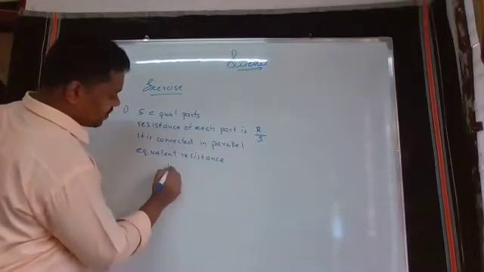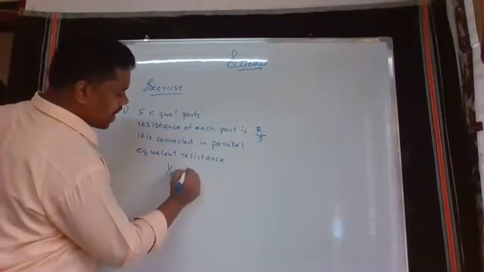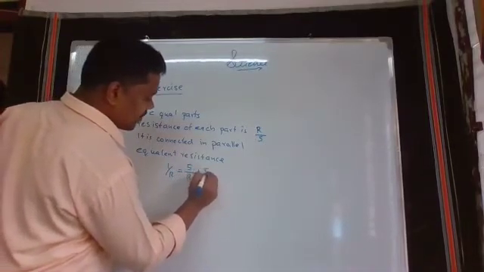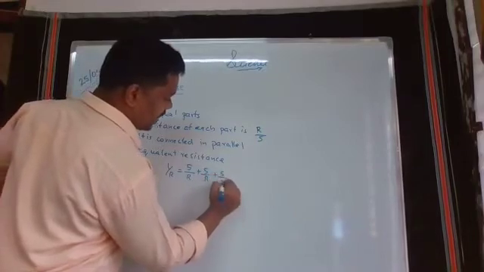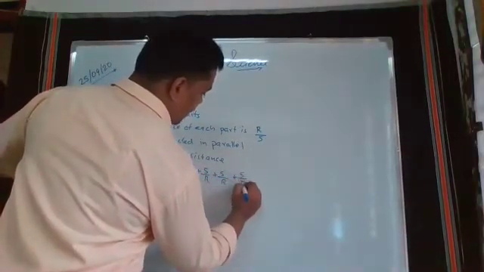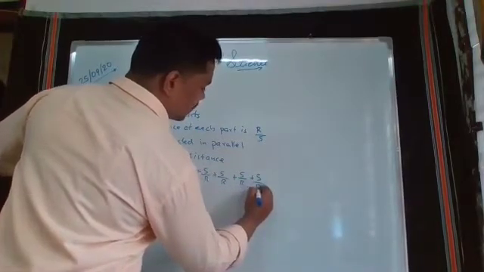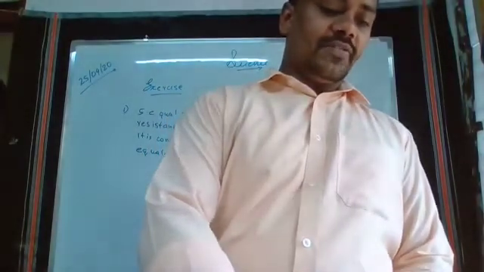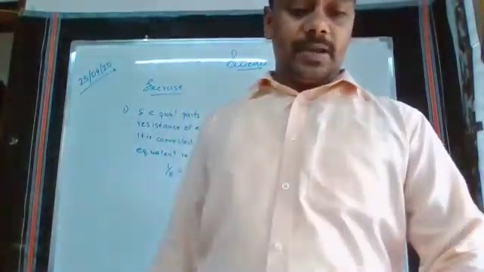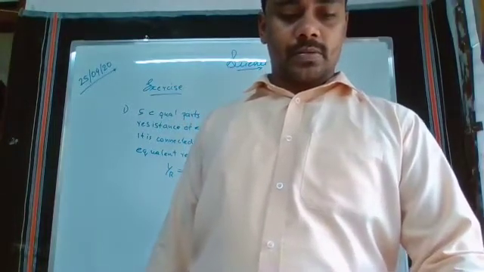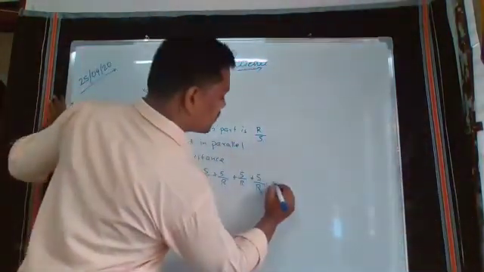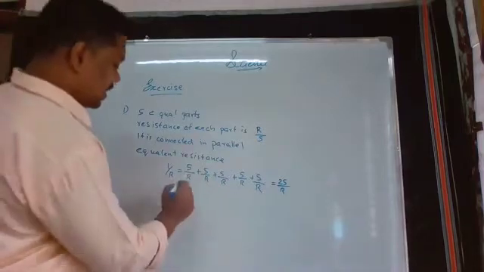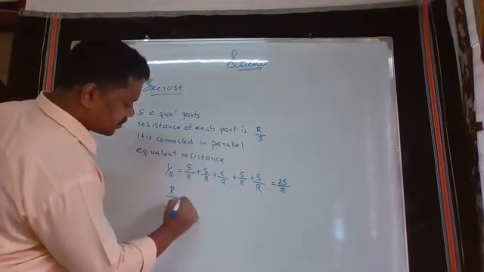That is 1 by R is equal to first one: 5 by R plus 5 by R plus 5 by R plus 5 by R plus 5 by R. It will be given by 5, that is 25 by R. We will get it as 25 by R. Then R by R dash is equal to 25.